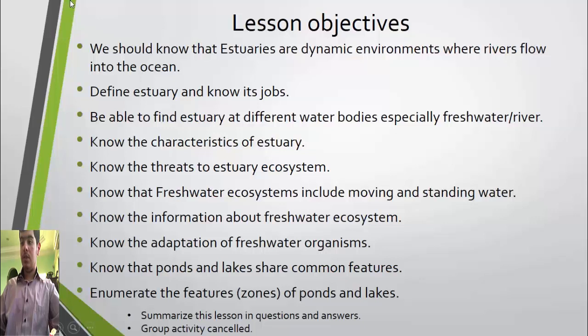In that objective we will learn about the freshwater ecosystem, adaptations, and freshwater organisms. Then the main ideas: this is the first main idea, second main idea, and third main idea. The third one is ponds and lakes, and their common features.